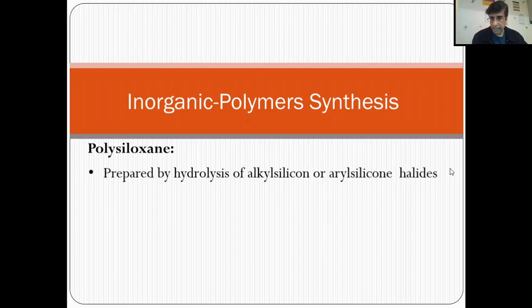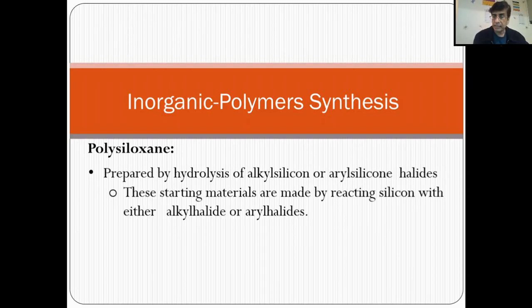Alkyl silicon halide means you have R, Si, and Cl, Br, or I, like an alkyl halide, whose formula is RCl, RBr, RI. Here you will have R with silicon and then a halogen. An aryl silicon halide means you have an aromatic ring, then silicon and a halogen.